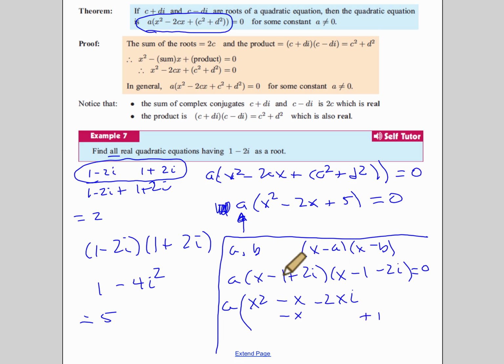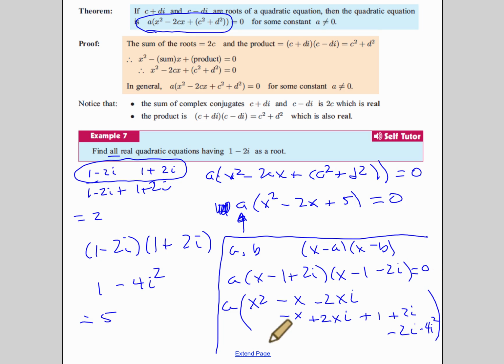And -1 times a -2i is a plus 2i. And we'll see if we can get any friends for these guys. 2i times x is plus 2xi. So that lines up right here. 2xi. I'll put a plus in front of there. 2i times -1 is a negative 2i. And then positive 2i times negative 2i is a negative 4i squared.